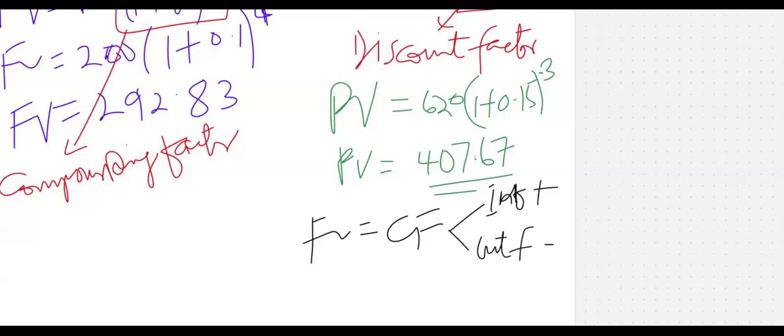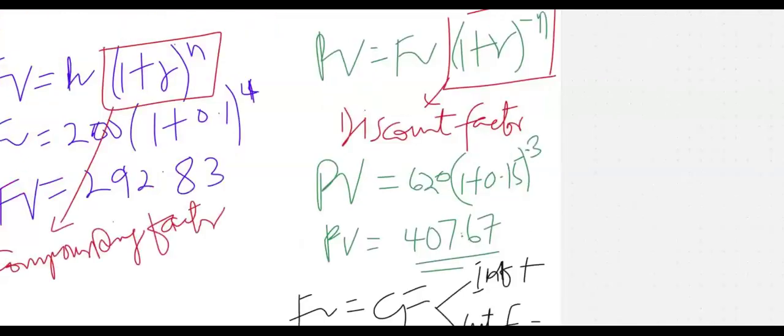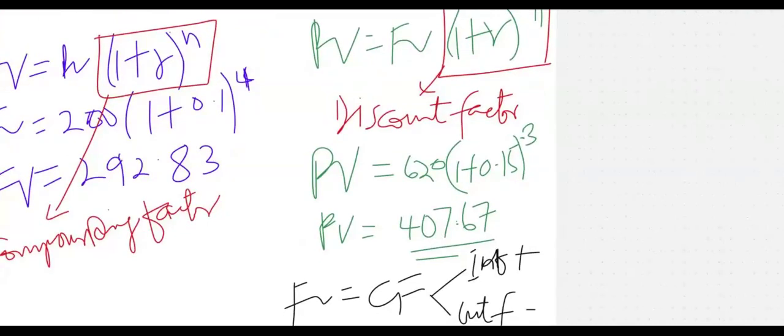So the discount factor, the (1 plus r) exponent negative n, has caused the 620 to be reduced to 407. So always when you hear discount factor, it would bring a future value to the present. In other words, it will bring a higher value down to the present to make it smaller.